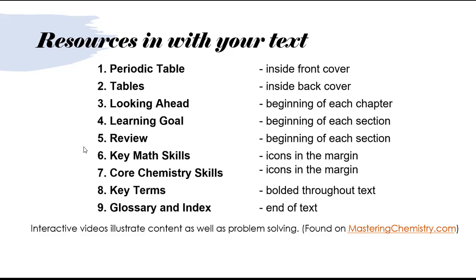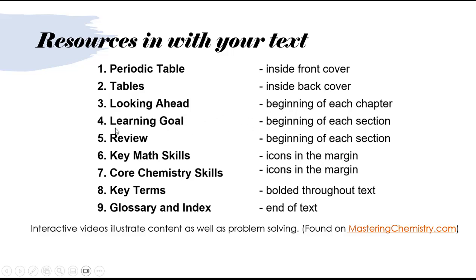With that in mind, there are a number of resources within your online or e-textbook that are available to you. The periodic table is in the inside front cover. You have tables all throughout, like conversion tables. I'm not going to ask you to memorize conversions; I will provide that for you. Looking ahead is a really great way to prepare for the lecture. That's at the beginning of each chapter.